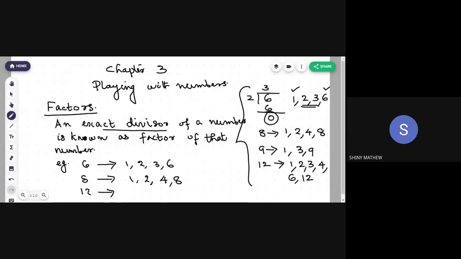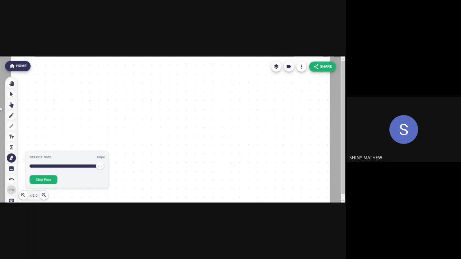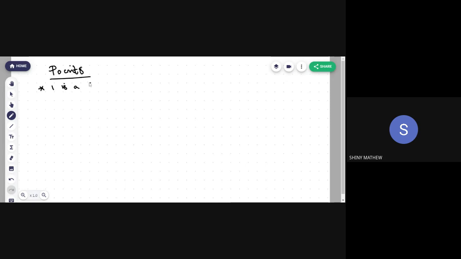So some points are there, so we can note it. Below you write important points about these factors. So first you write: 1 is a factor of every number.